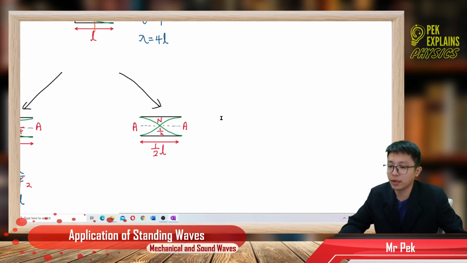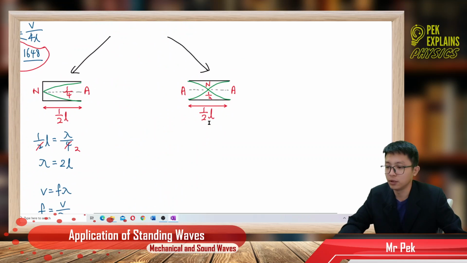Now for the second one, the open pipe. Do the same thing. Half L is equal to how long? Between an antinode and an antinode is half lambda, and between a node and an antinode is 1/4 lambda.